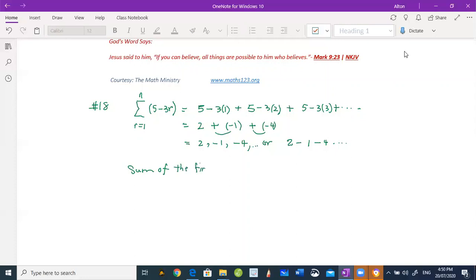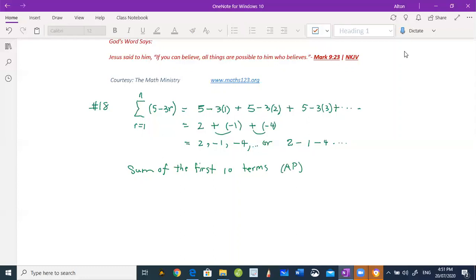Now you will be given some formulas in your exam. So let us go look for the formula for the sum of n terms of our series. Now recognize that this series is an AP, an arithmetic progression.